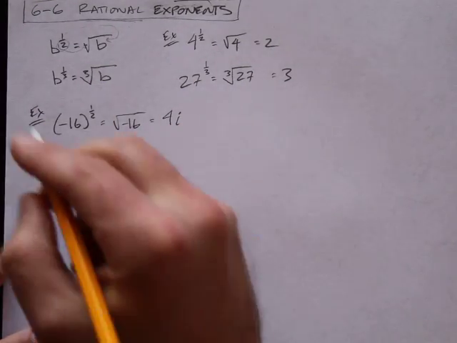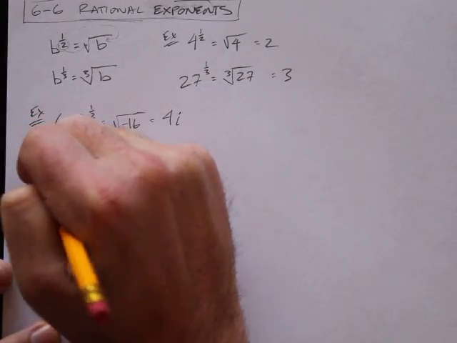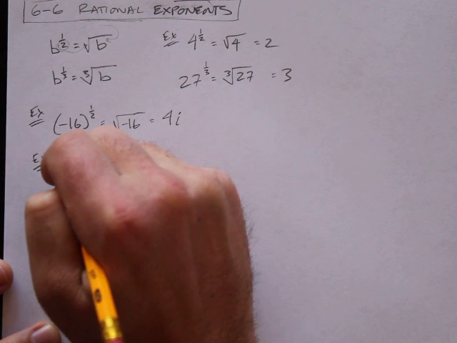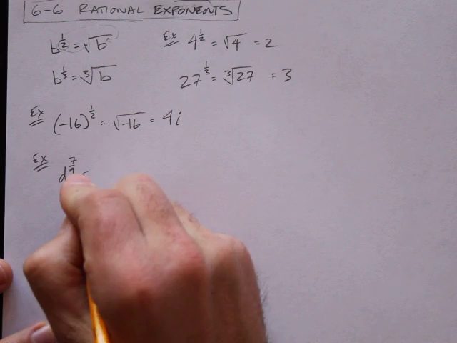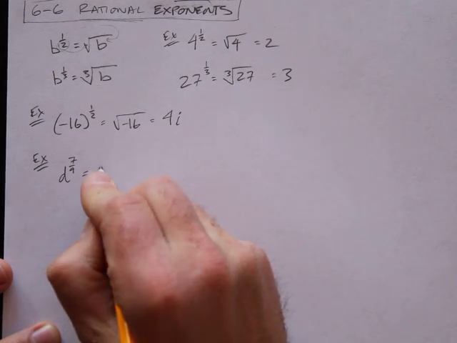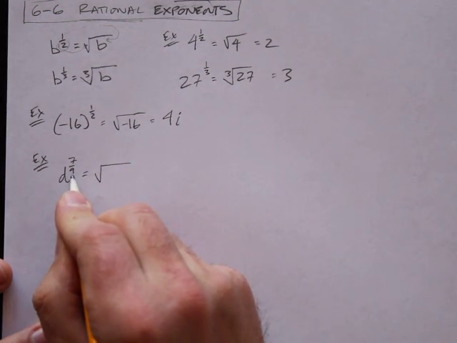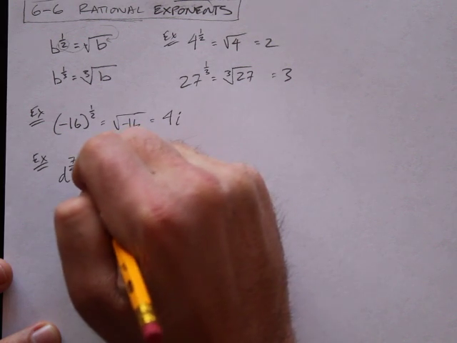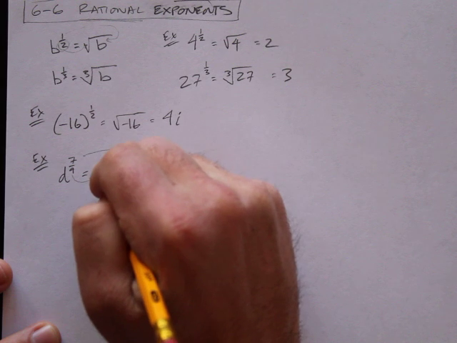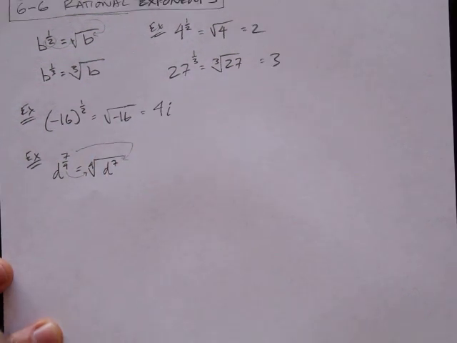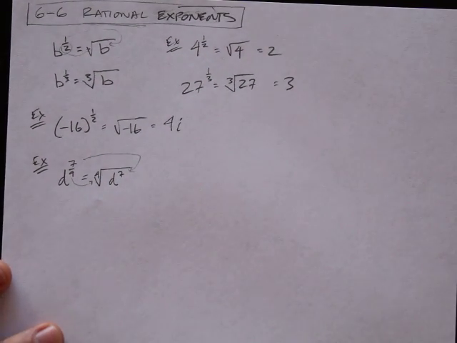Let's do some examples. I've got d raised to the power of 7/4. So we're going to rewrite this as the denominator becomes the index number, and the numerator is the power next to the number.